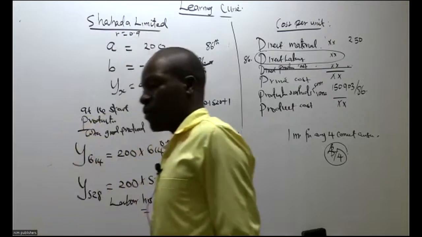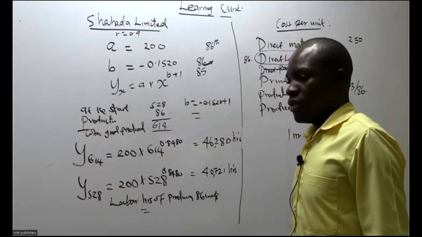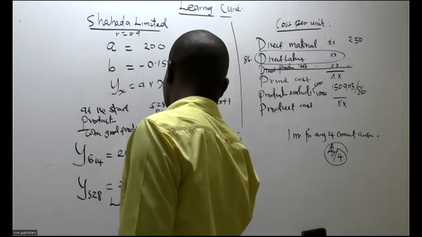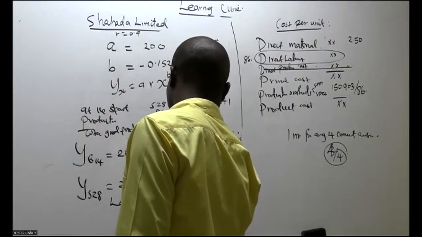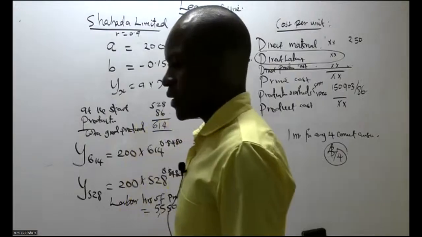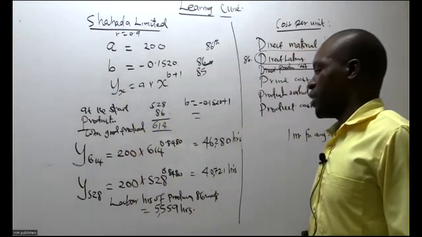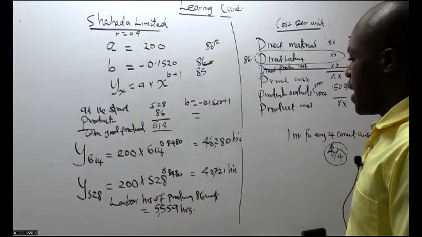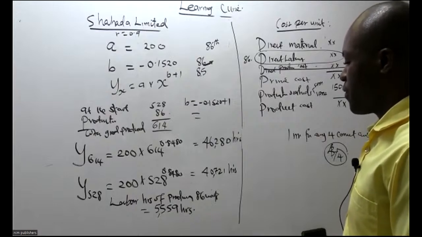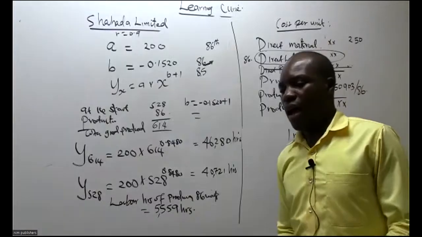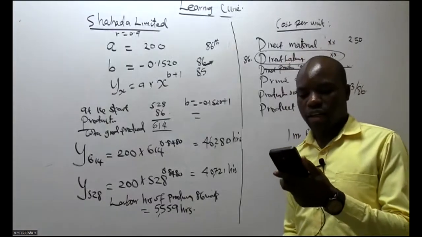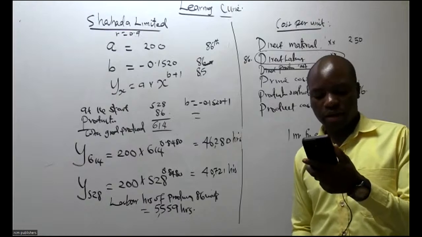How many? 559 hours. Good. Now we have 5,559 labor hours. Look at our additional information number 2.